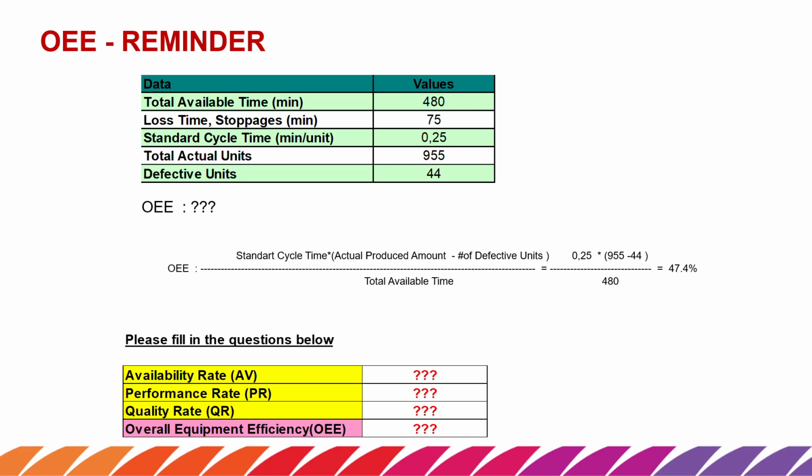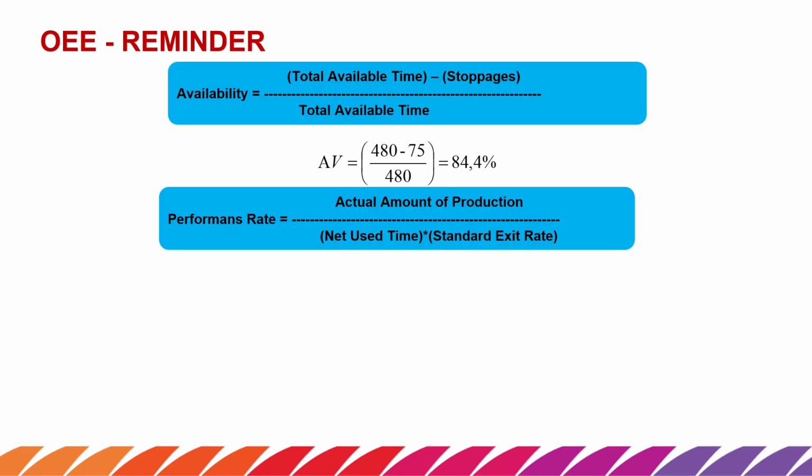Then we will multiply this number of units with the standard cycle time and divide it by the total available time, then this number will come as 47.4. This is OEE. So to calculate availability, performance and quality rate separately, what will be the method to calculate these things?